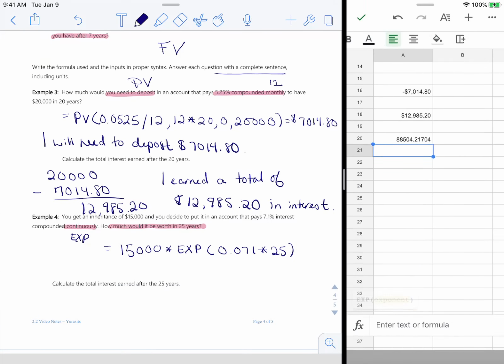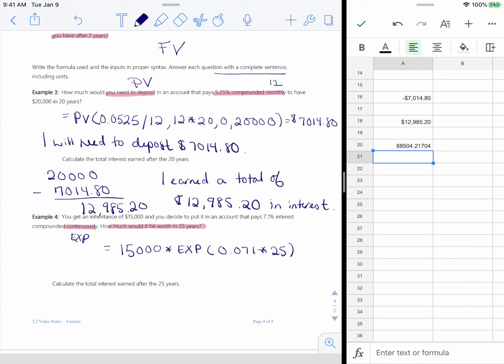And what do we end up getting? Wowza. We are going to get $88,504.22.